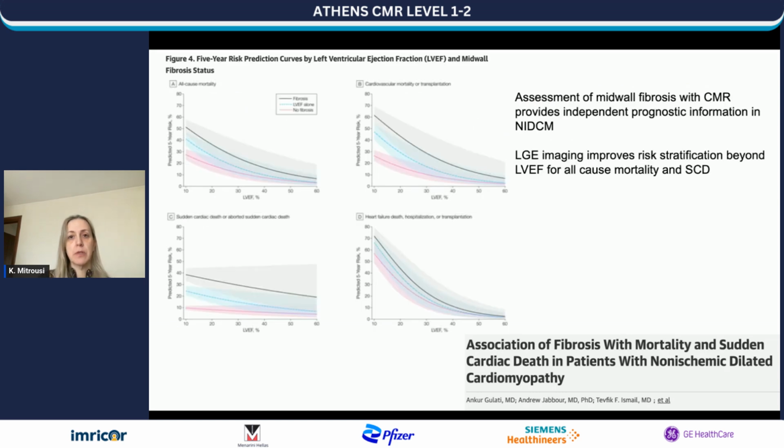It also showed that the assessment of mid-wall fibrosis with cardiac MRI provides independent prognostic information in the disease. Late gadolinium enhancement itself improves risk stratification beyond ejection fraction measurement for all-cause mortality and sudden cardiac death.